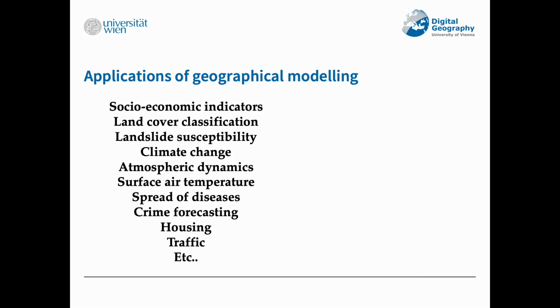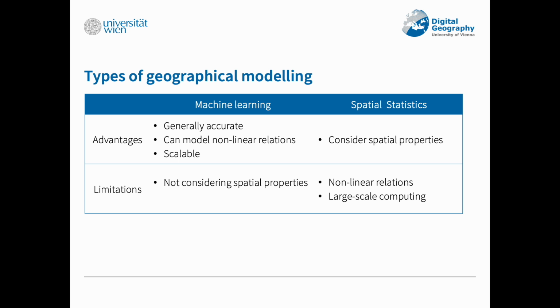Geographical modeling has been used to predict socioeconomic indicators, land cover classification, climate, atmospheric, and temperature-related information, the spread of diseases, forecasting crime or traffic, and in many more application domains. Spatial statistics or machine learning algorithms are used in geographical modeling and spatial prediction, but they have both pros and cons.